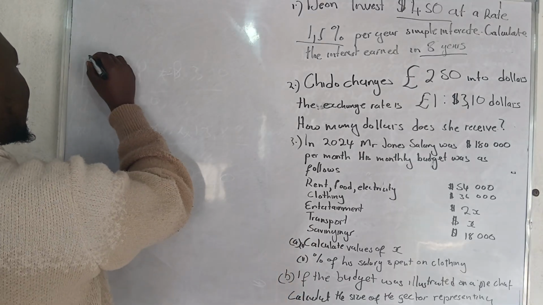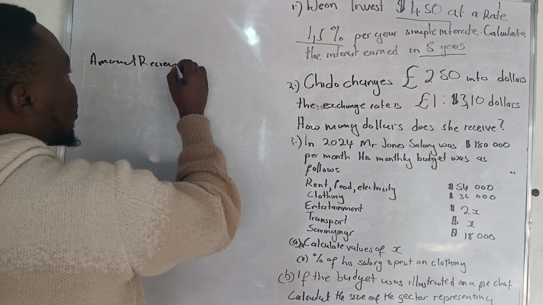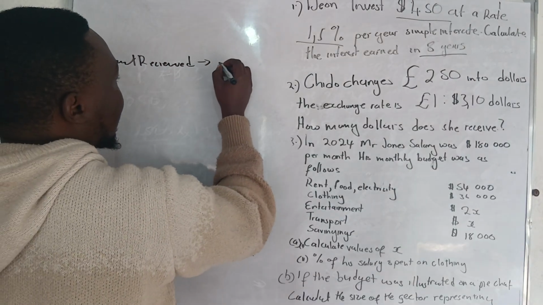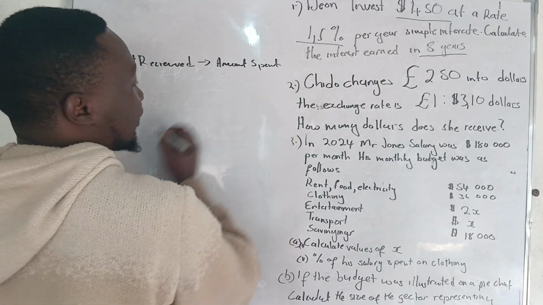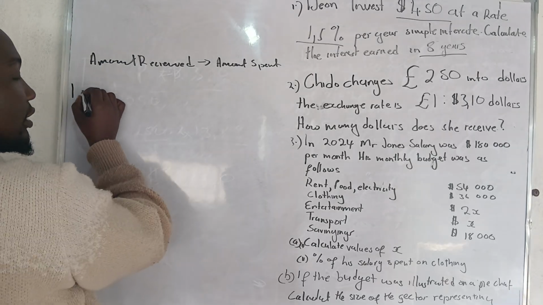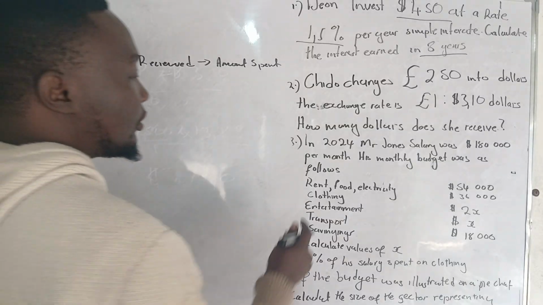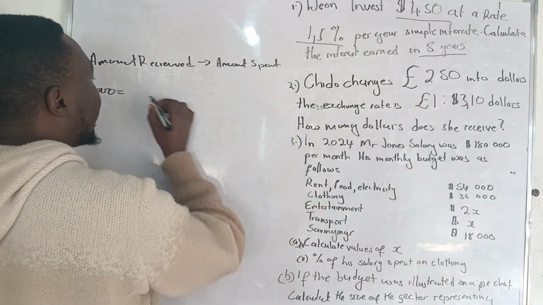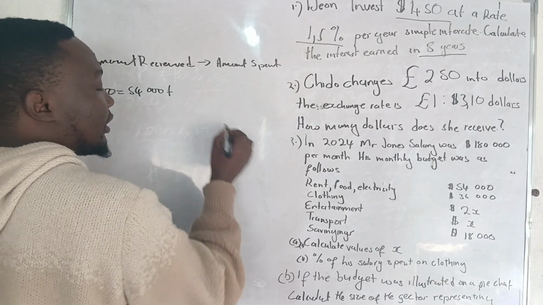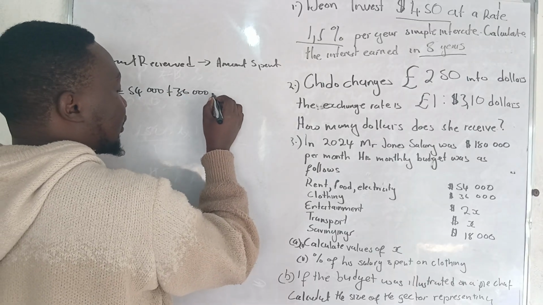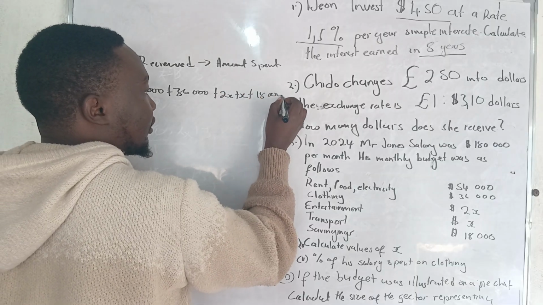The amount received is the amount paid. So 180,000 is equal to, and he spends it according to the given budget, 54,000 plus 36,000 plus 2x plus x plus 18,000.